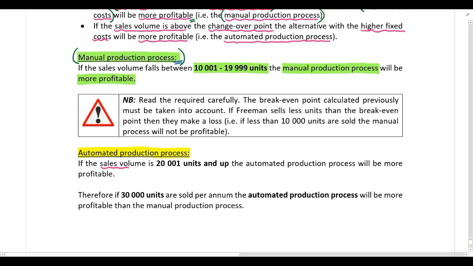So if the sales volume is 20,001 units or anything above that, then the automated production process will be more profitable. And guys, you can just quickly perform profit calculations and you can prove that. Calculate the profits at various different output levels and you'll see which process is more profitable.